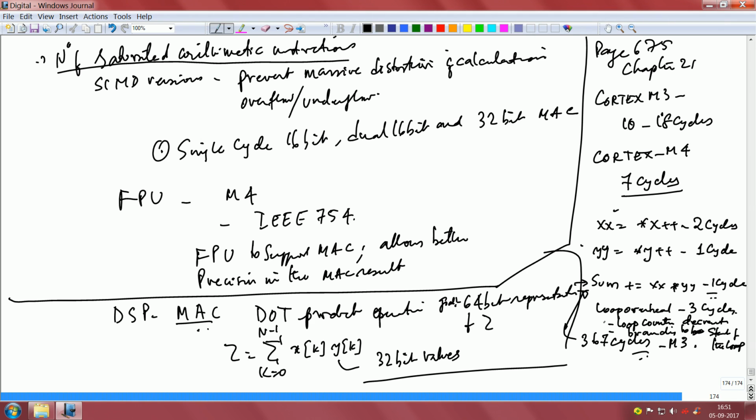All of that will require these additional 3 cycles. So in essence, this is all you need to worry about in terms of choice of a controller for an application. Thank you very much.